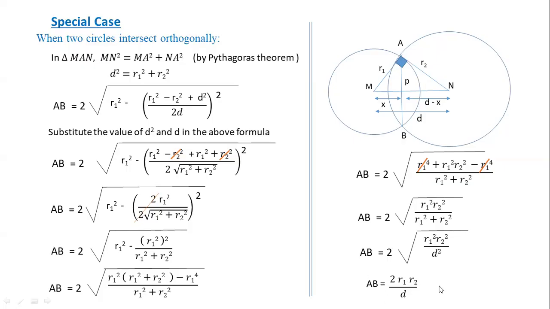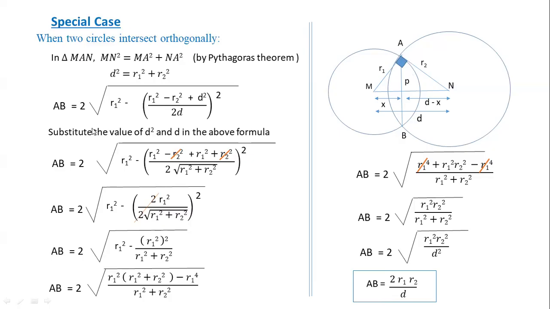So this is the formula when the two circles are intersecting orthogonally, that is, the radii of the two circles are perpendicular to each other. Understood? So this was a special case. See, the formula has become so simple, and this is applied only when the two radii are perpendicular.